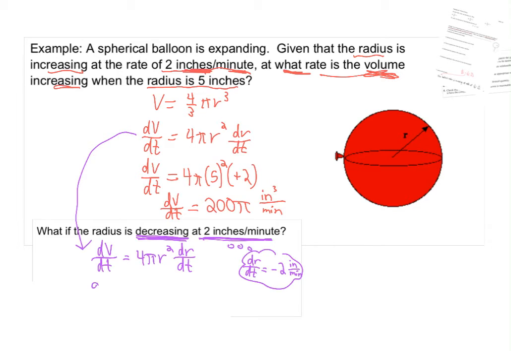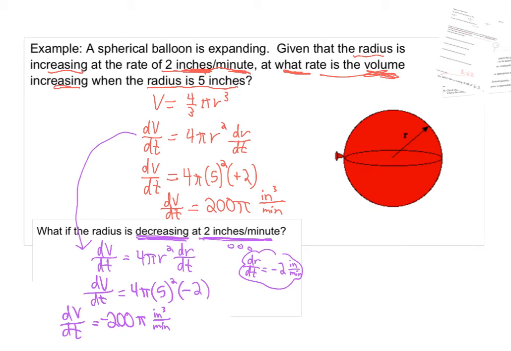If I plug in everything I know, it'll be a little different from before. The radius will still be 5 inches, so I'll still plug in 5 for r. dr/dt will now be negative 2. And so the volume will decrease at a rate of 200 pi. Decrease means I should put a minus sign there.